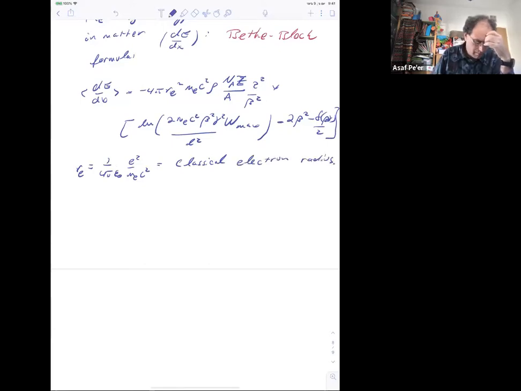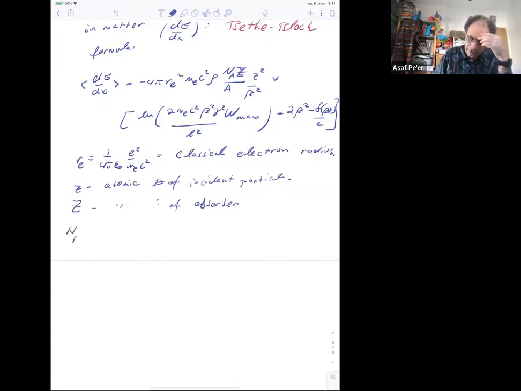Small z is the atomic number of the incident particle, and capital Z is the atomic number of the absorber. N_A is Avogadro's number.